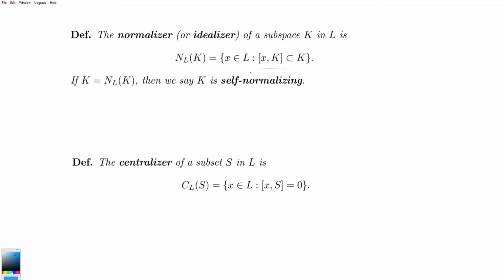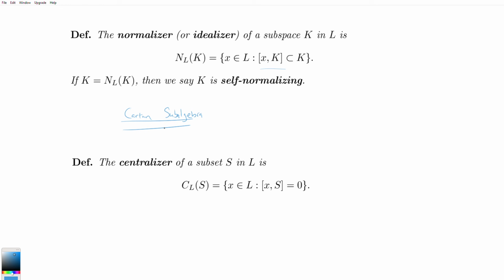And self-normalizing is a really important property when we talk about something called the Cartan subalgebra. We'll talk about that later. The Cartan subalgebra is self-normalizing, and that'll be really important later on.